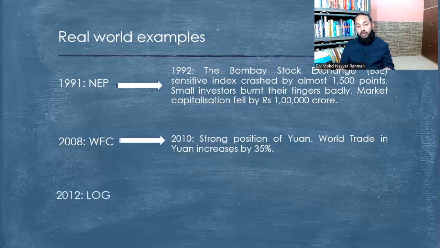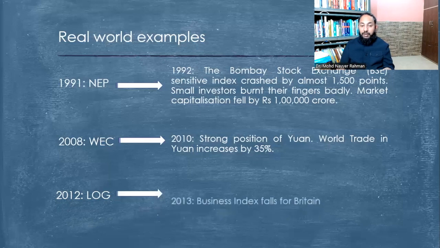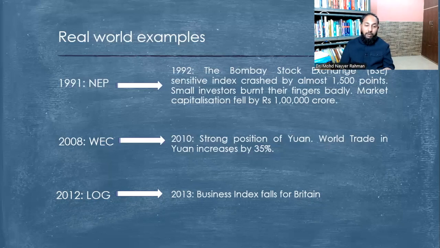Another very interesting example is the London Olympic Games in 2012 and, in 2013, the business index values of Britain. It appeared that in 2013 the business index fell for Britain. And interestingly enough, there were articles that related the Olympic Games to the fall.